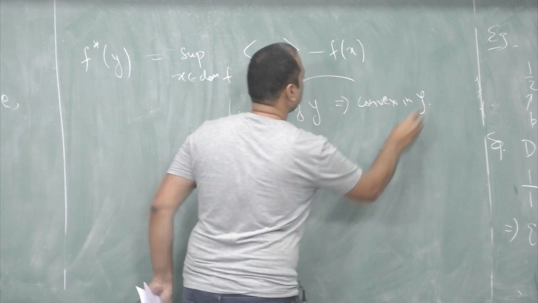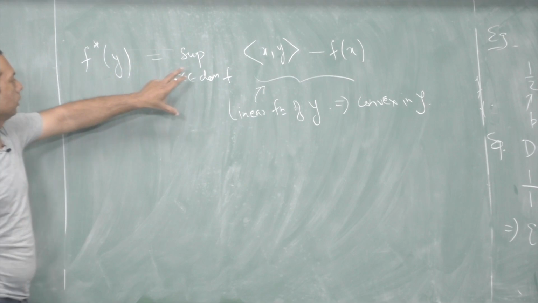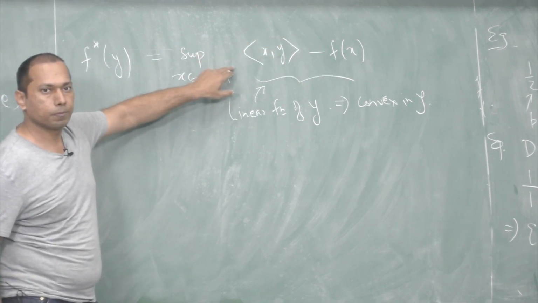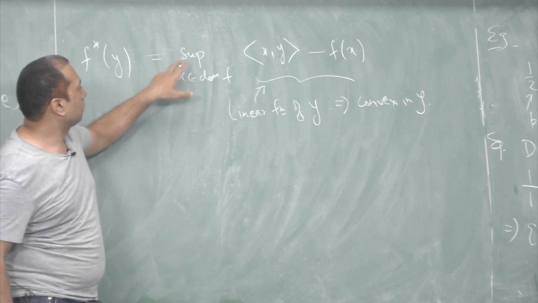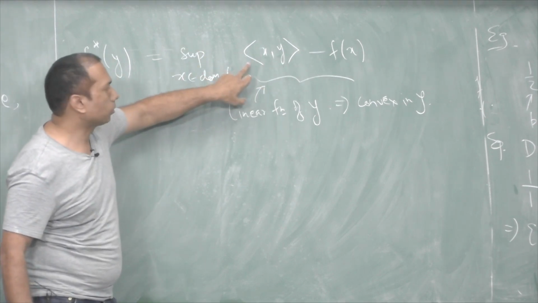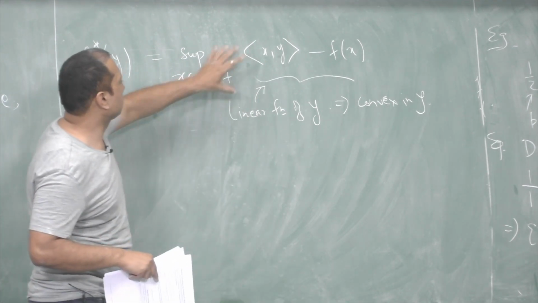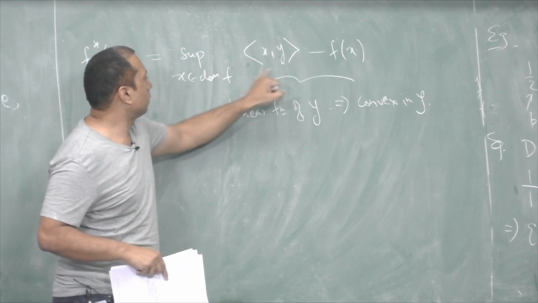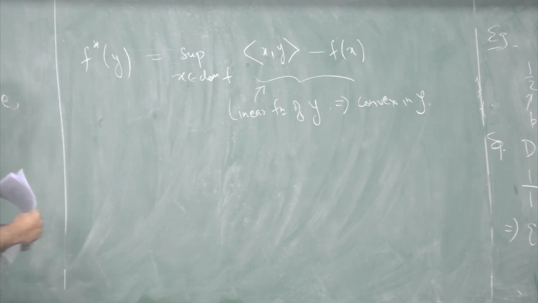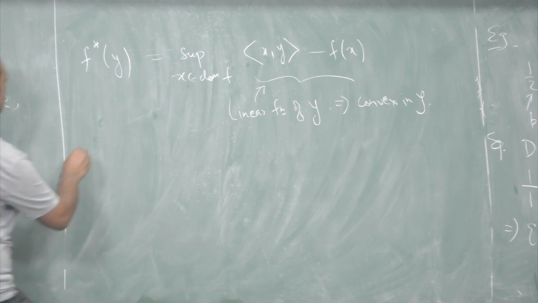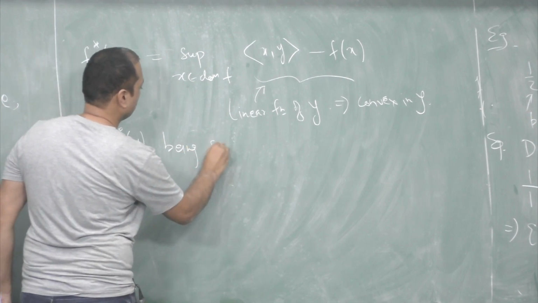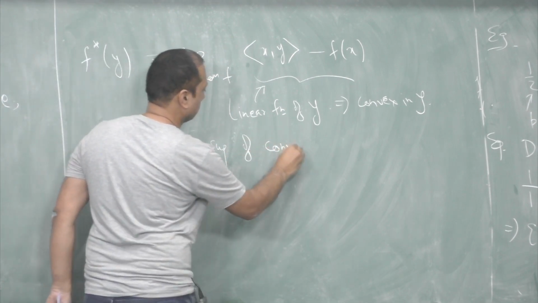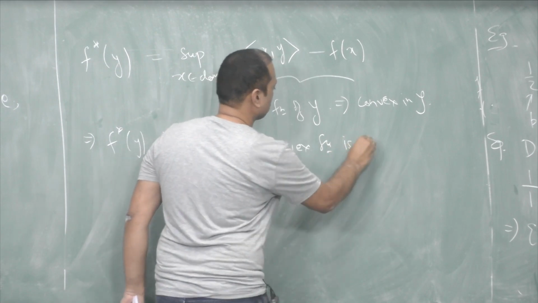So this implies convex in y, and we have a previous result that the maximum of convex functions is convex. In other words, the supremum, which is like a maximum, of convex functions is convex. So this is a supremum of convex functions over x, which implies f star of y is convex.